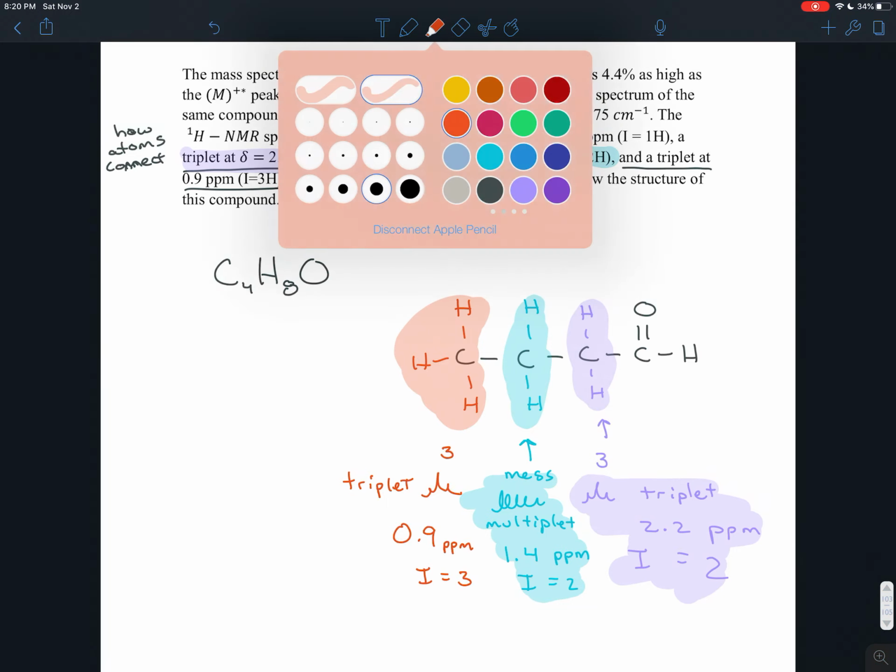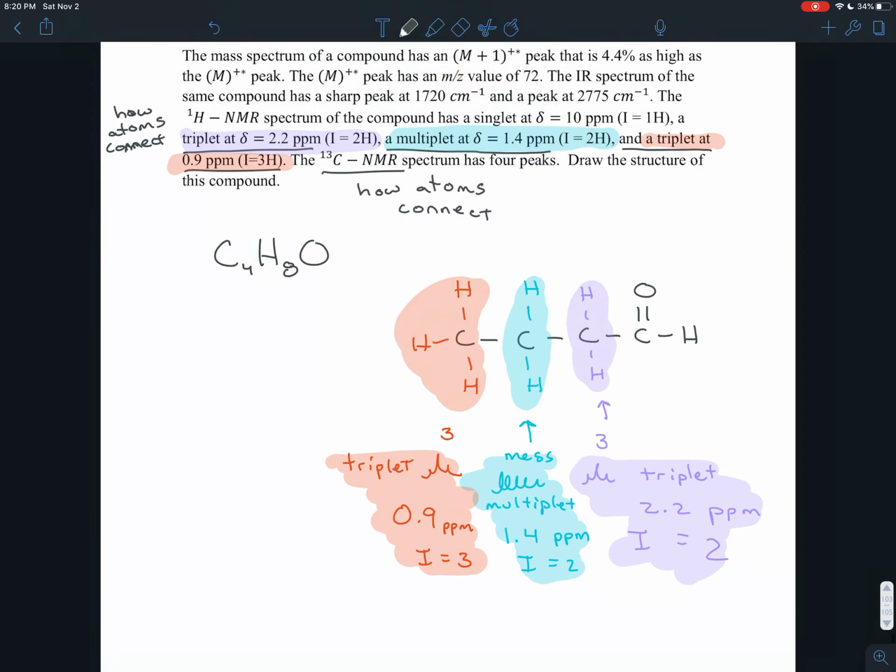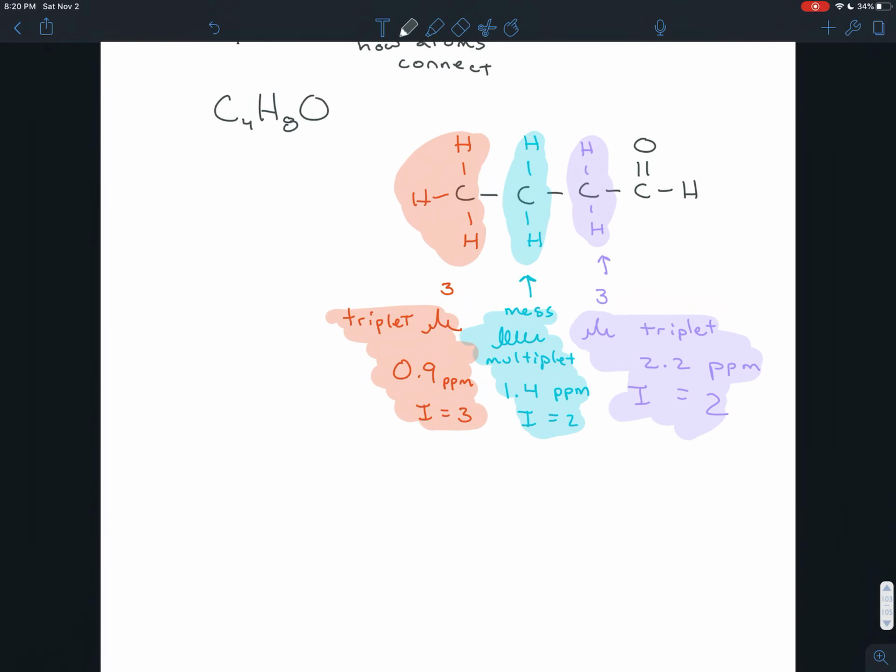And we have a triplet at 0.9 with an integration of 3. So for sure, this is our molecule. Our molecule is butanal.